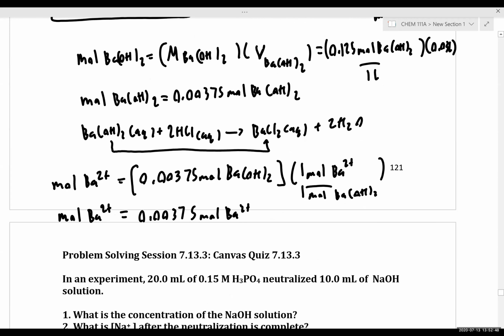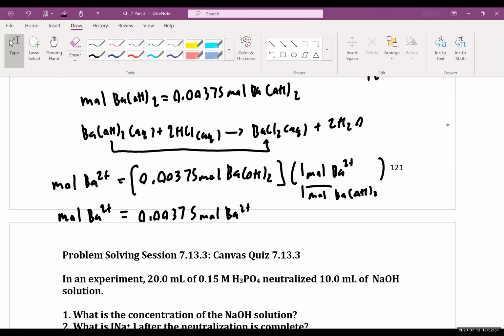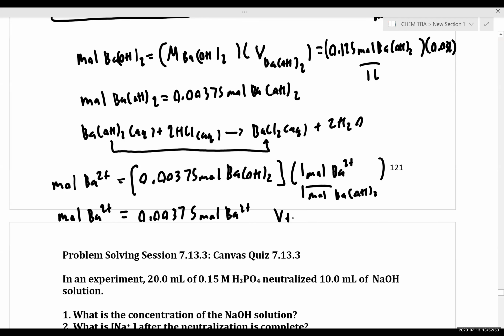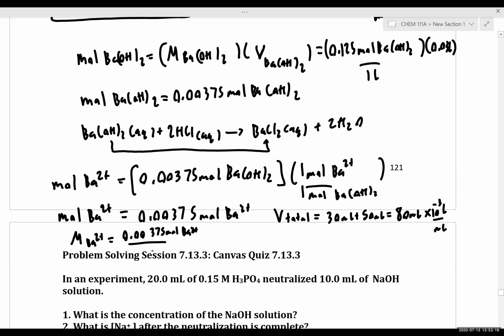So our volume total is equal to 30 milliliters plus 50 milliliters, which gives us 80 milliliters, which we'll convert to liters. And that in turn gives us the molarity of barium 2 plus of 0.00375 moles of barium 2 plus over 0.08 liters.